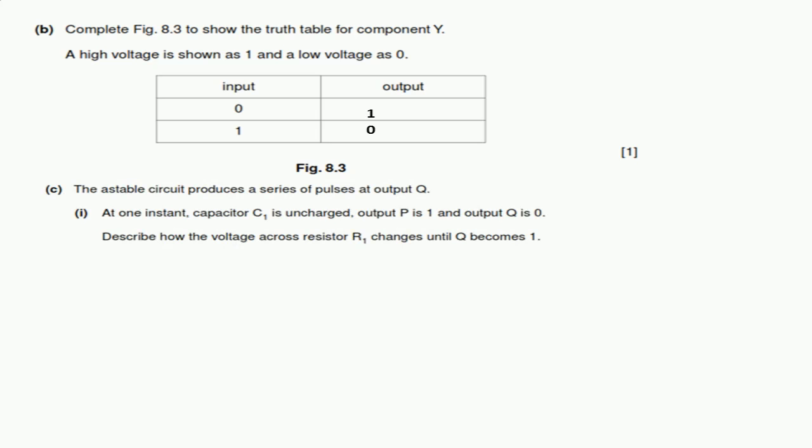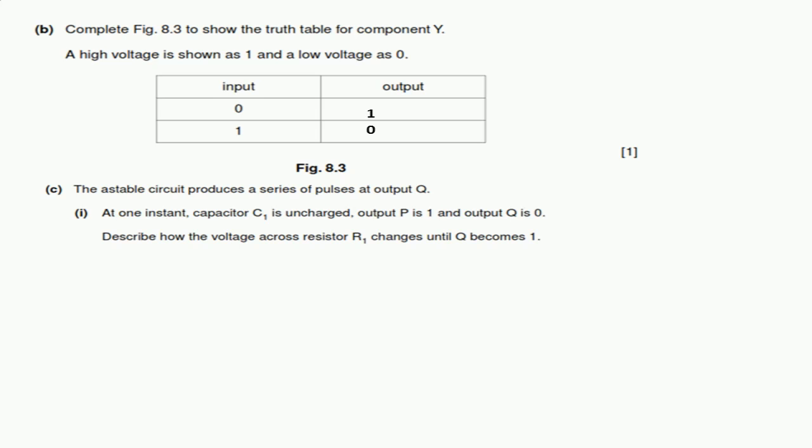Part C of question number 8. The astable circuit produces a series of pulses at output Q. Part 1. At one instant, capacitor 1 is uncharged, output P is 1 and output Q is 0.